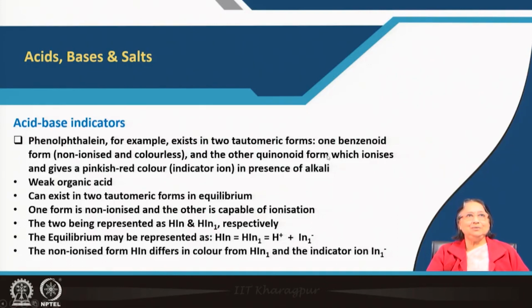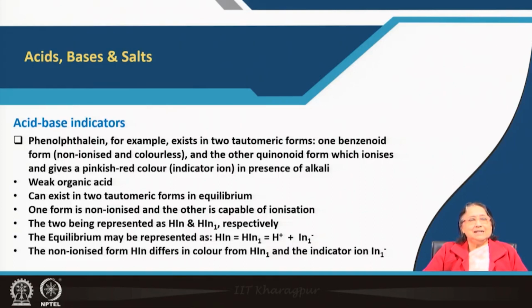Now, I am starting with the indicator phenolphthalein. Before knowing this phenolphthalein, we must see the structure, and we must know what a tautomer is. Okay, tautomer. We know isomer. Isomer means two different molecules, or maybe one molecule, if they have different structures, then they are isomers.